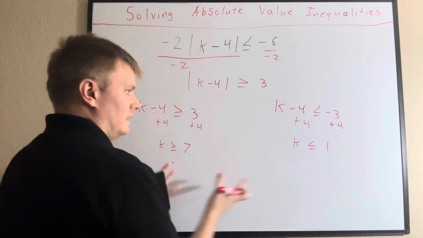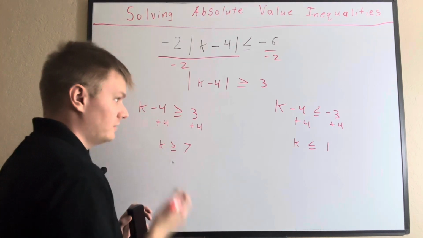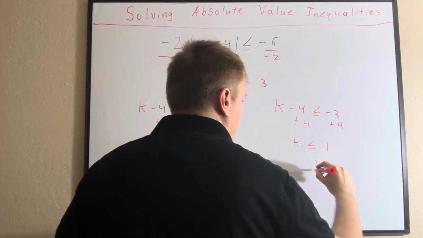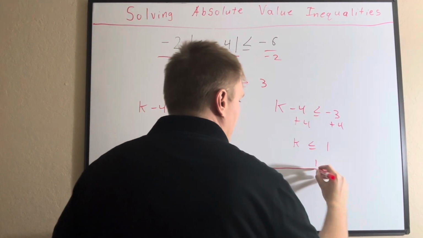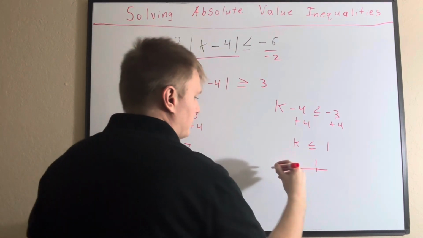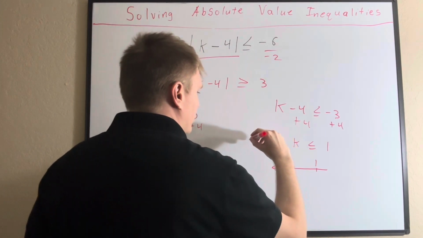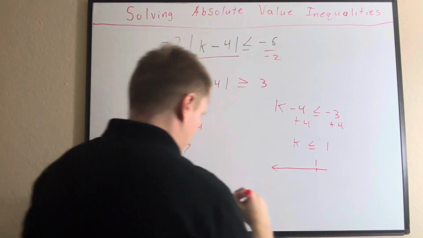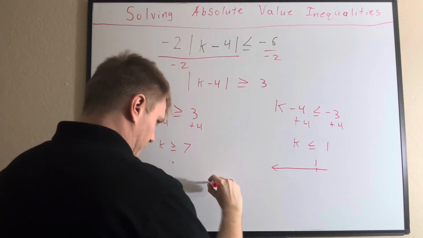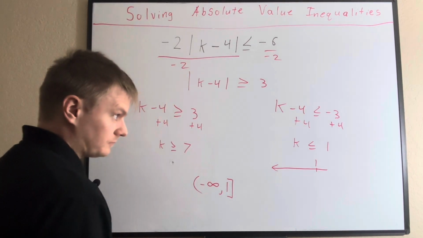Does that line up exactly how the other two we just did line up? No, actually, because we got this 1 here on the number line, and we're going this way. k is less than or equal to 1, right? Which in interval notation, that would be a bracket around the 1 going to negative infinity, right?